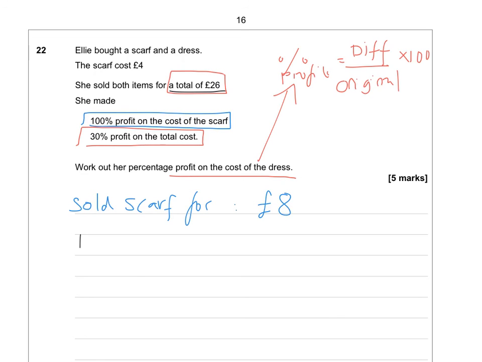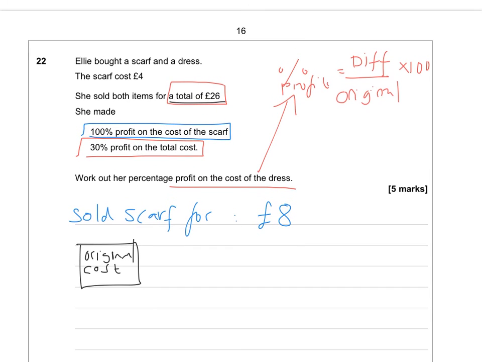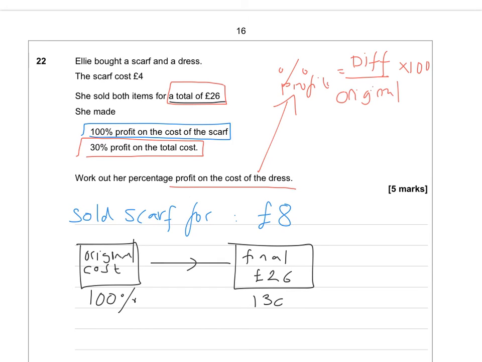So, if the original cost of the items is 100%, and we don't know what this original cost is, we know that the final price of the items is £26, and that represents 130% of the original amount because she made 30% profit.